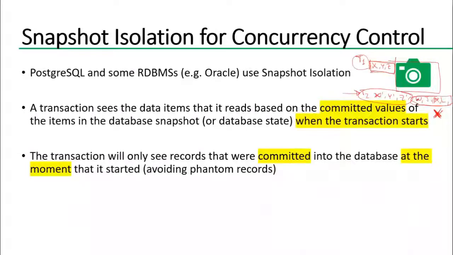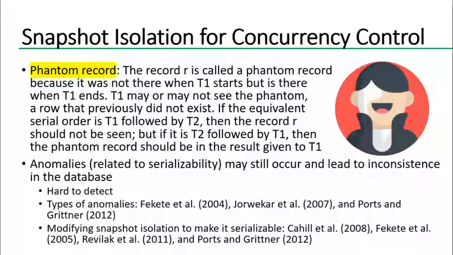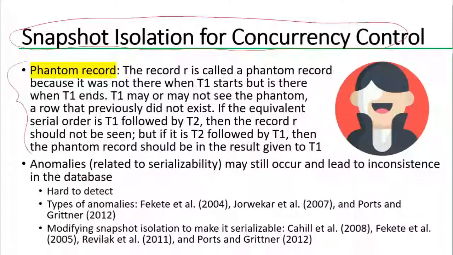How do we call this problem, this scenario? We call this phantom records. This is one problem that might appear in snapshot isolation for concurrency control. This is the scenario that was described in this text. So this is one more anomaly that can happen with one more concurrency control method.